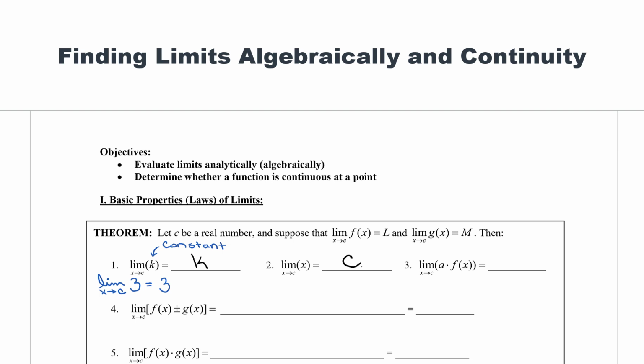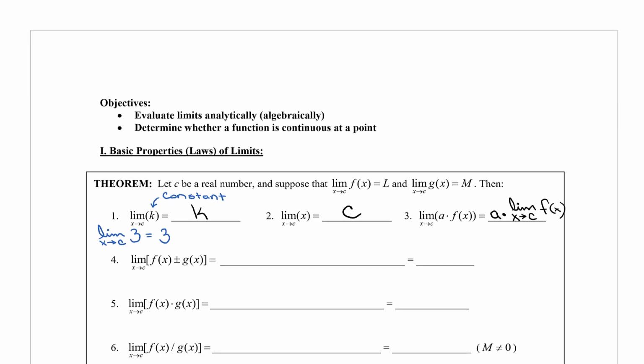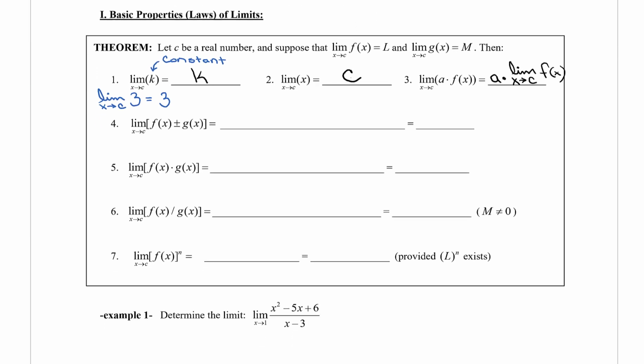Third property, the limit as x approaches c of, open a set of parentheses, a times f of x, close the parentheses, is going to be equal to a times the limit as x approaches c of f of x.